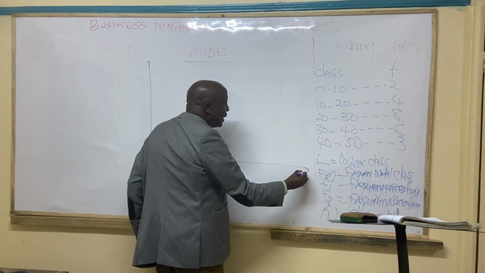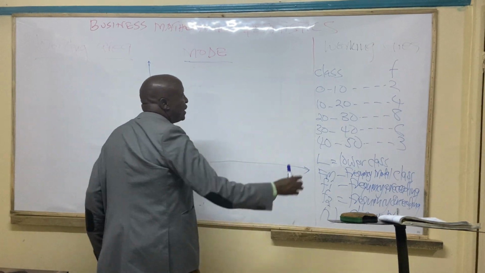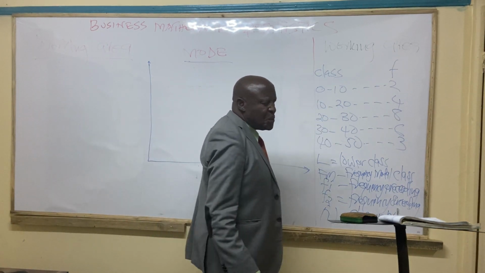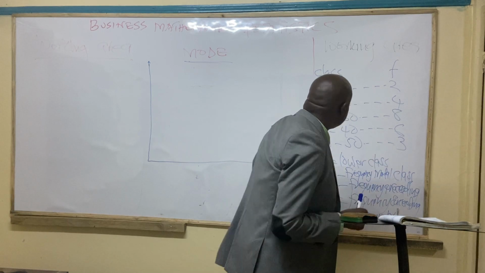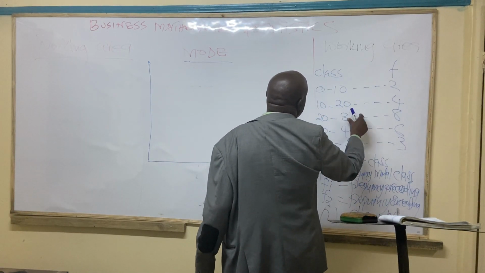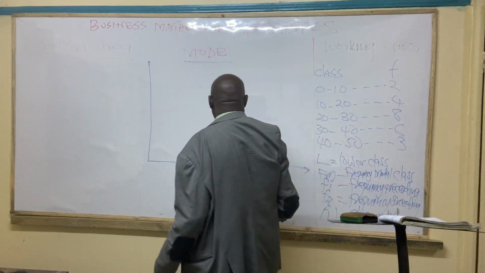This will be our x-axis. And then we look at the classes. We start looking at the classes. So we write 10, 20, 30, 40, and 50.